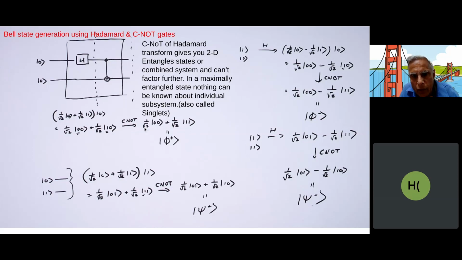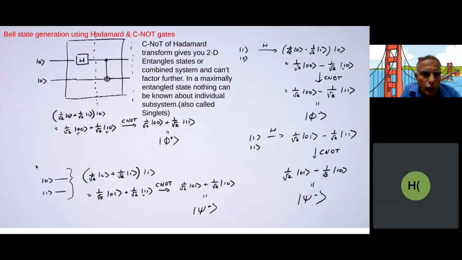So basically we get 1 by root 2 ket 0 0 plus 1 by root 2 ket 1 1. This is the result we get. This is a maximally entangled state, and we cannot really break this into individual subsystems. And this is phi plus.